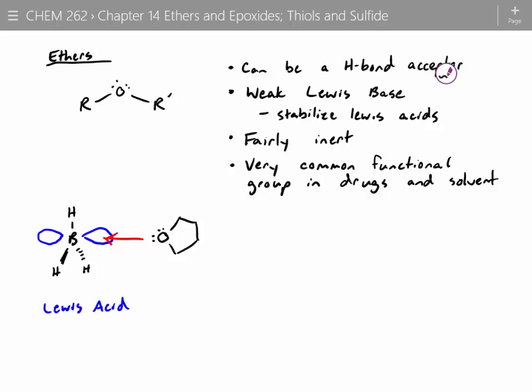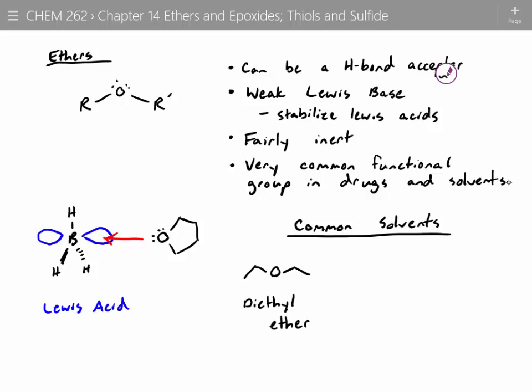And I'm going to put down a few common solvents that are used very regularly in organic chemistry. I already mentioned a couple of them. The first one is diethyl ether, so it's got two ethyl groups on it.